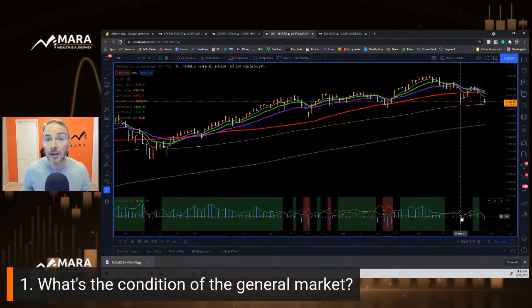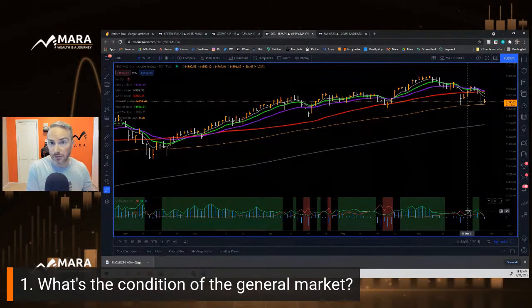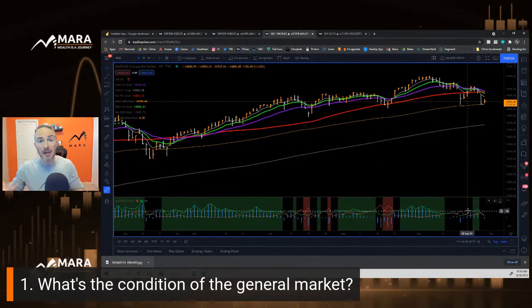This down here is just simply the number of stocks making new highs versus new lows on the day, every day. This one is for the Nasdaq. So the rationale is if there's more stocks making new highs, then the index will also be making new highs. And it would be very hard for the NASDAQ to continue to make new highs if there's not stocks within it also making new highs.